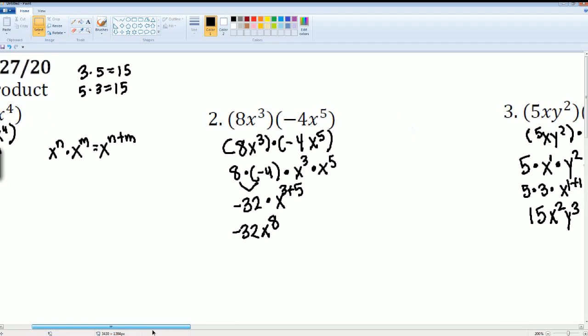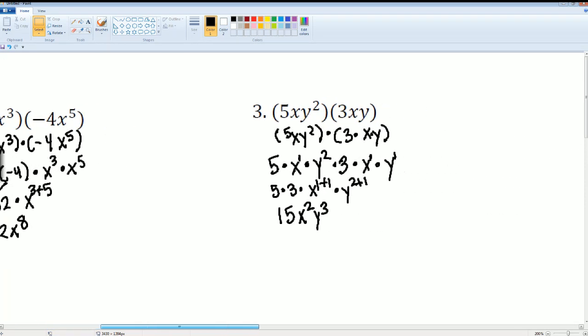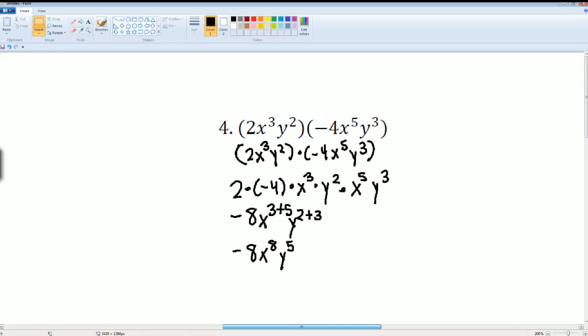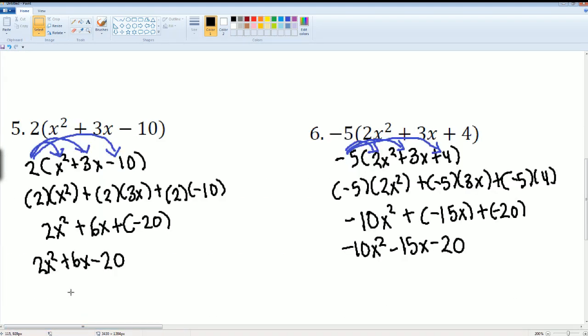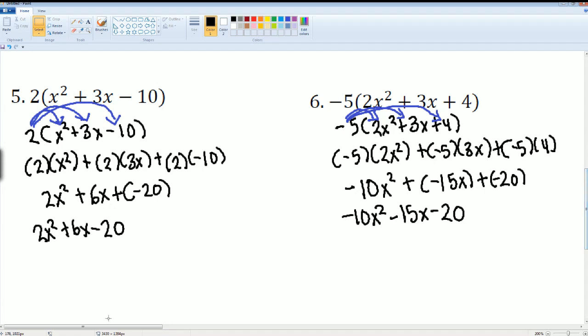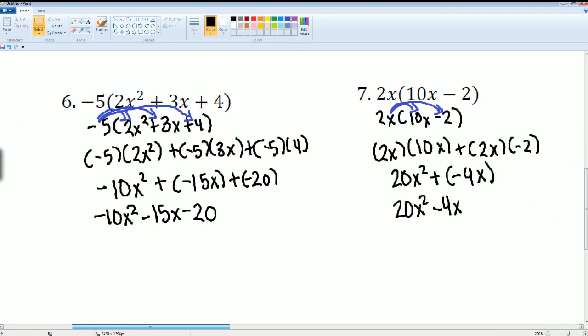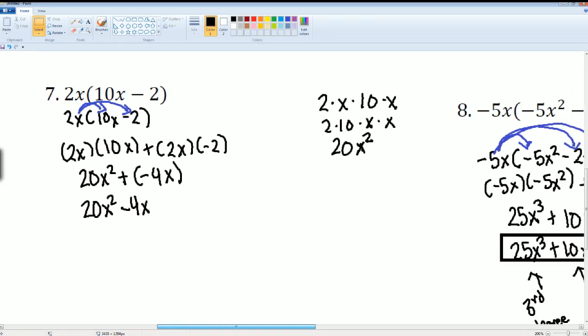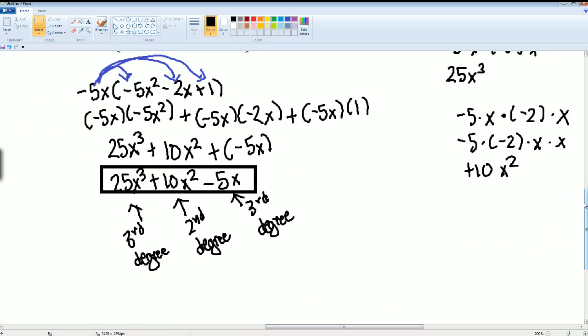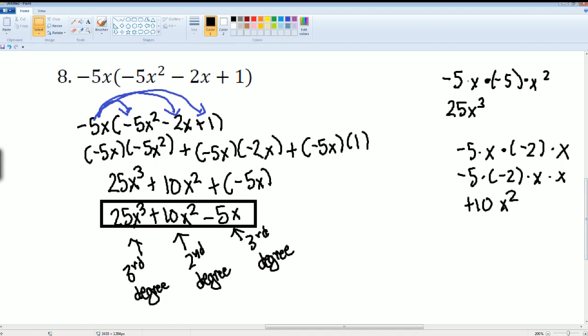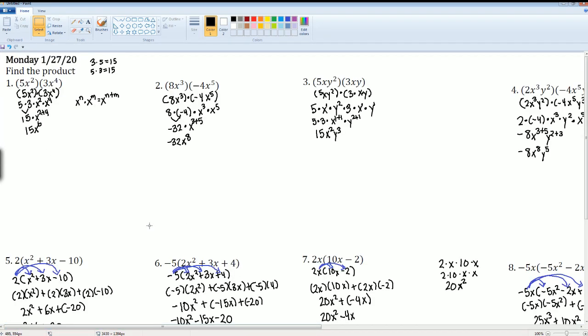Number 2 works. 3, 4, and all the steps. 5, 6, 7, and 8. Okay, so there you go. Those are all your solutions for the Monday, January 27th homework solution. This is part of your week 26.